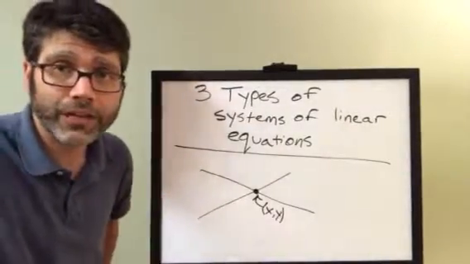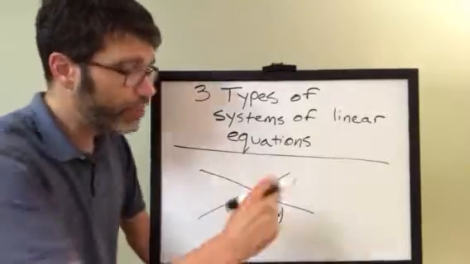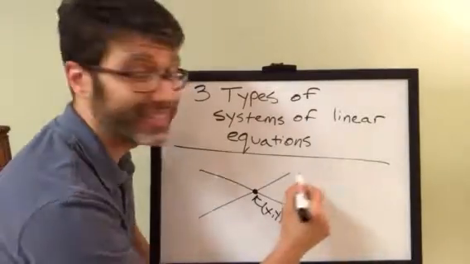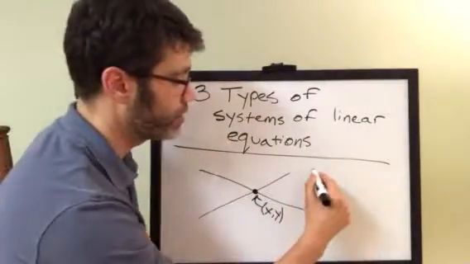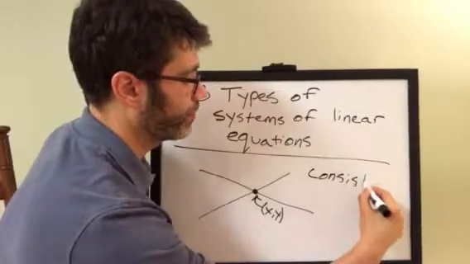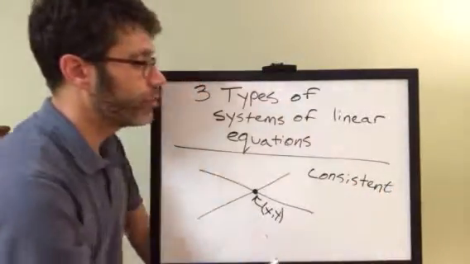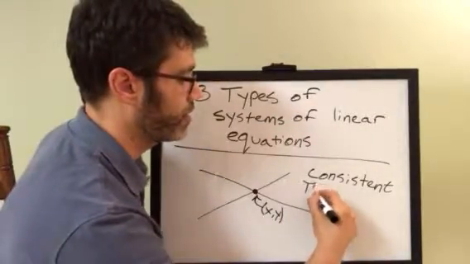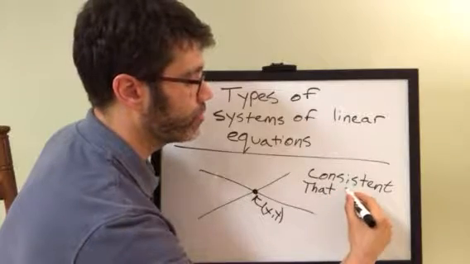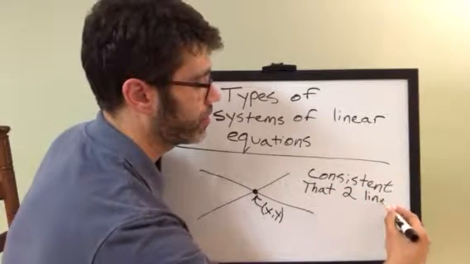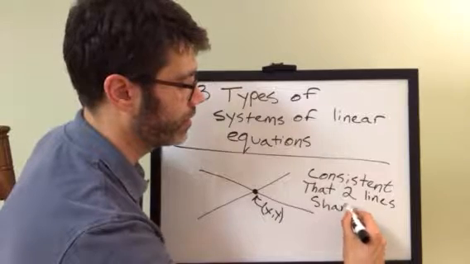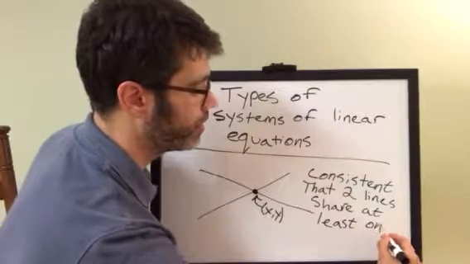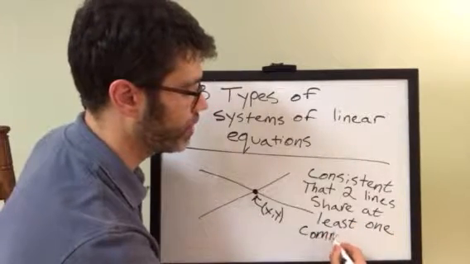There's two vocabulary words that I like to talk about with this. The first vocabulary word is that this is called a consistent equation or a consistent system of equations. Consistent. So the vocabulary word consistent means that two lines share at least one common point.